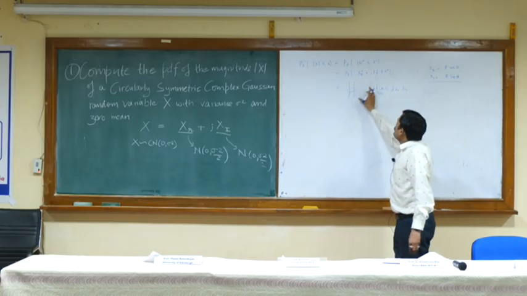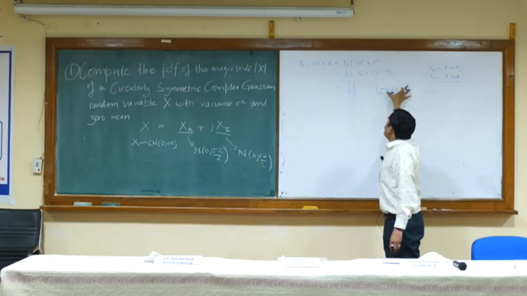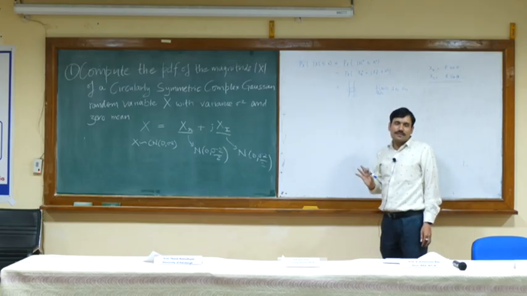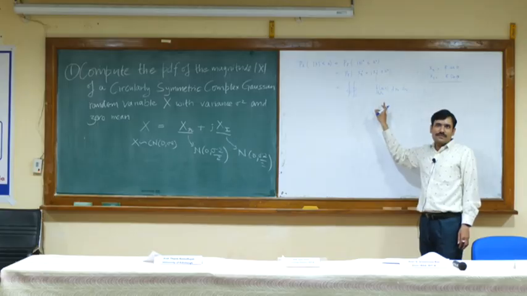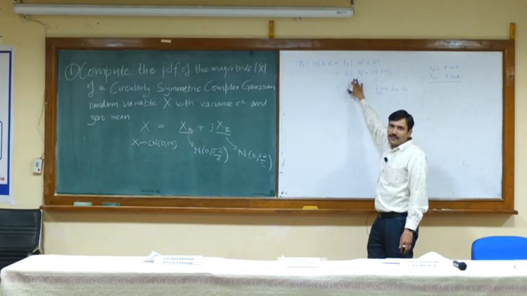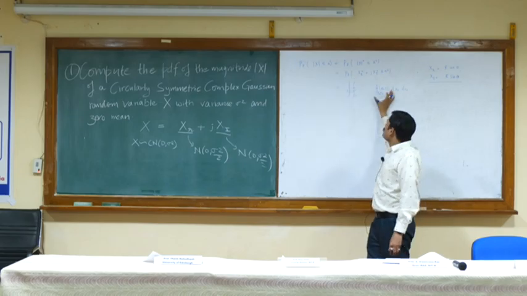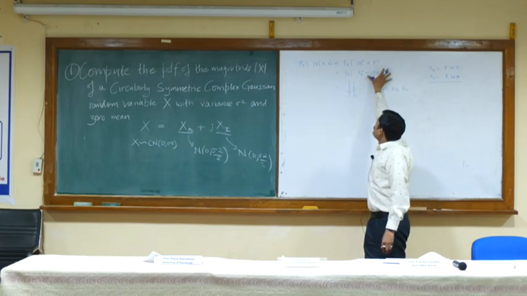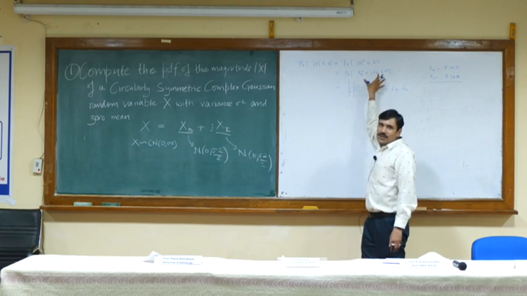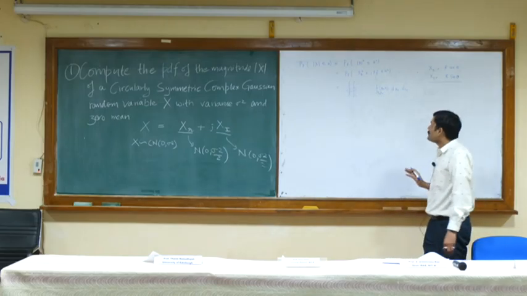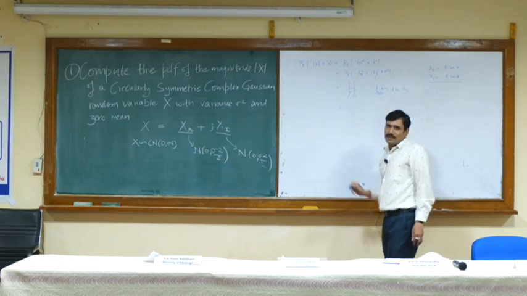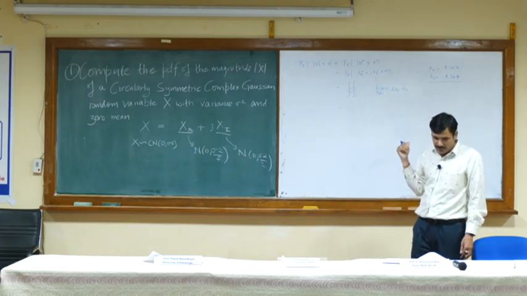If I calculate over this region, the circular region, I will get this probability. So I am calculating the probability, and for probability I need the distribution. Whenever I put the limit here, I will get this probability. Any question up to this point?